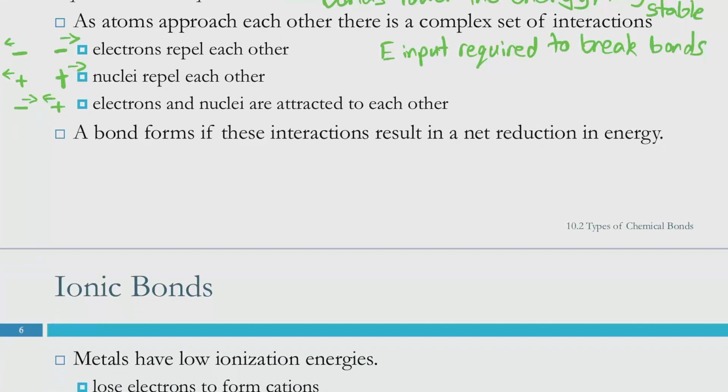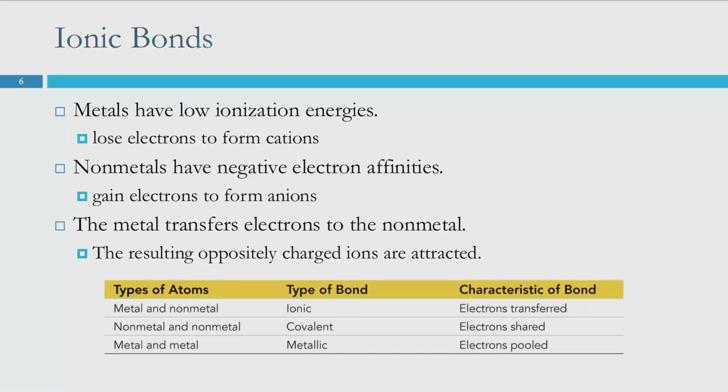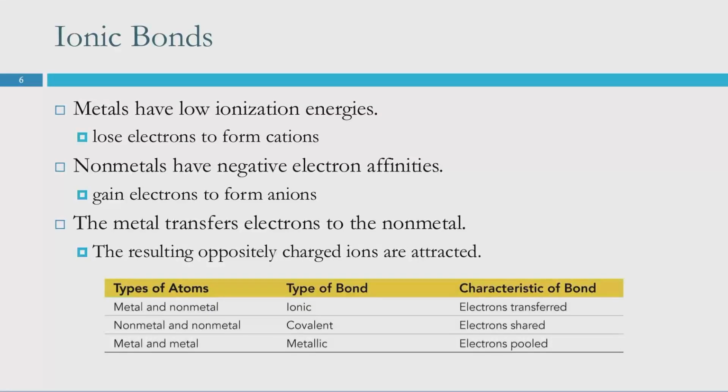One of our types of bonds is ionic bonds. Metals, found on the left and lower side of the periodic table, have low ionization energies. It's easy to remove an electron. Nonmetals in the upper right part of the periodic table have negative electron affinities, so it's easy to accept an electron.